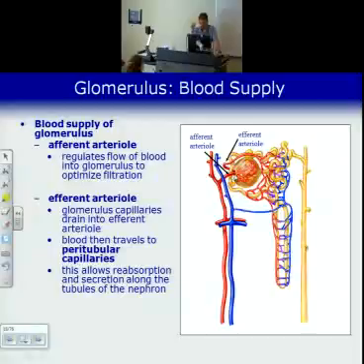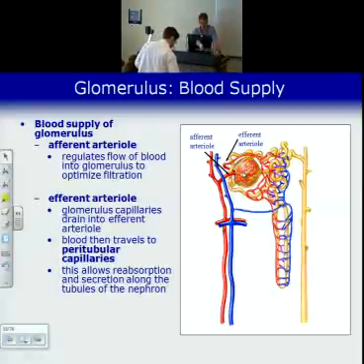You have a right and left renal artery shooting across, and then eventually subsetting, getting down to the arterial level at the capillary bed. The key is, this is one of the spots where we've talked about having two capillary beds in sequence.